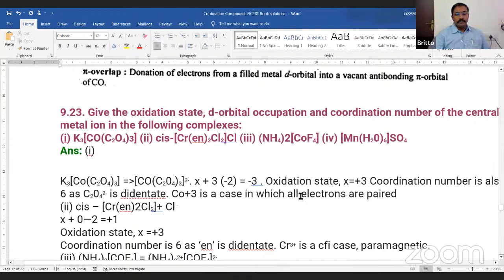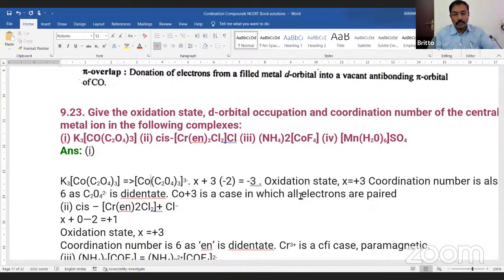If you look at the complex, what is the ligand here? C2O4, three times. It's an oxalato ligand. The important thing is you must know all the different ligands and their names and charges. This is the oxalato ligand C2O4 2-, actually COO-, COO-. That is the ligand oxalato.